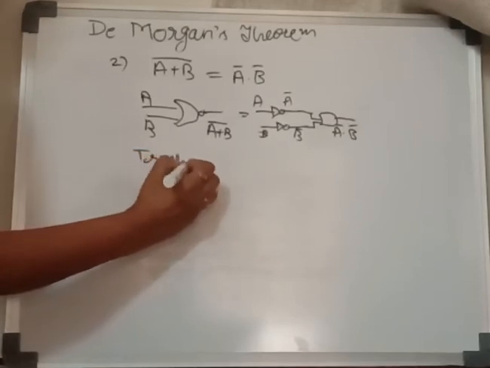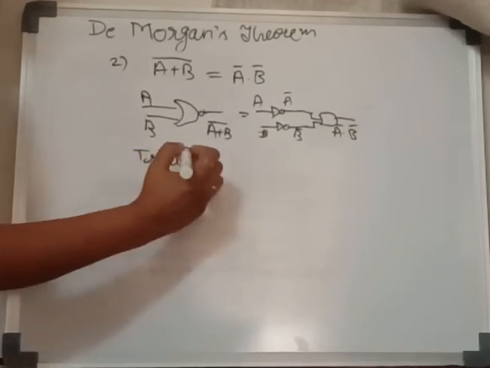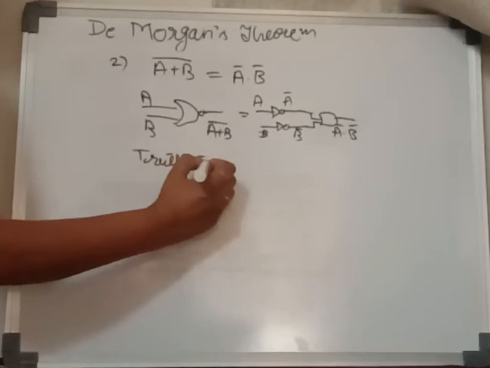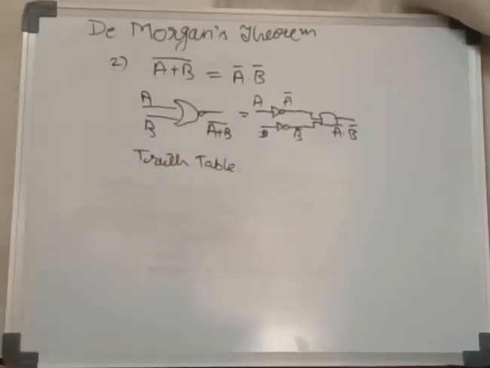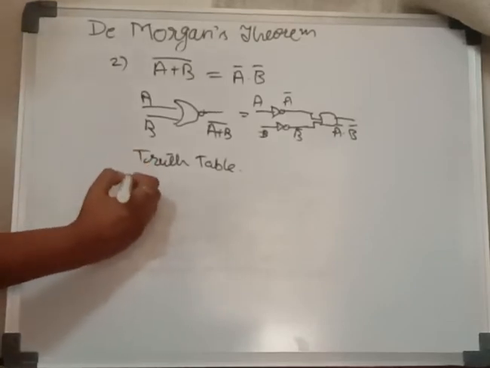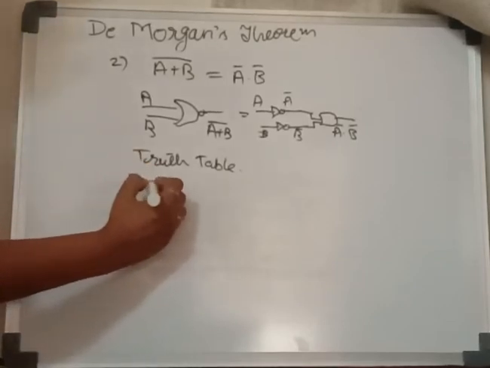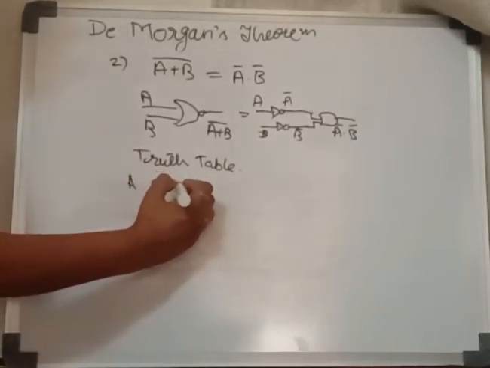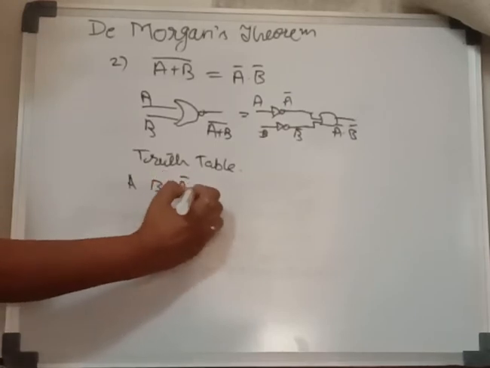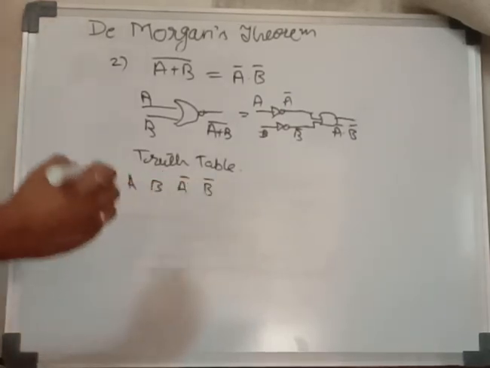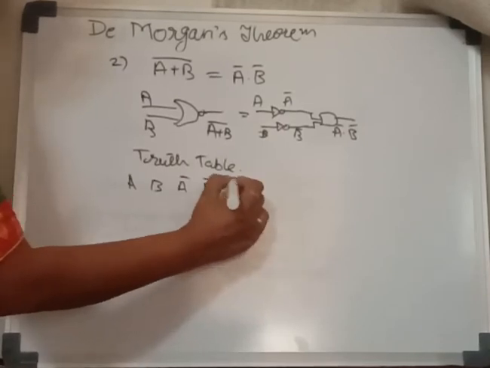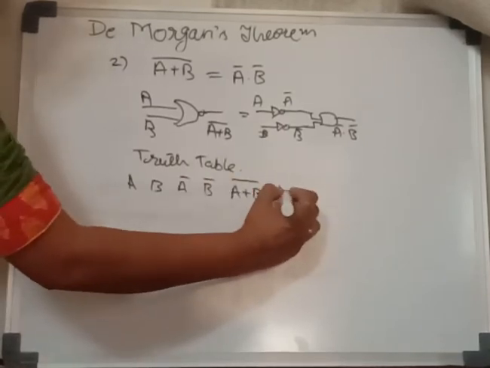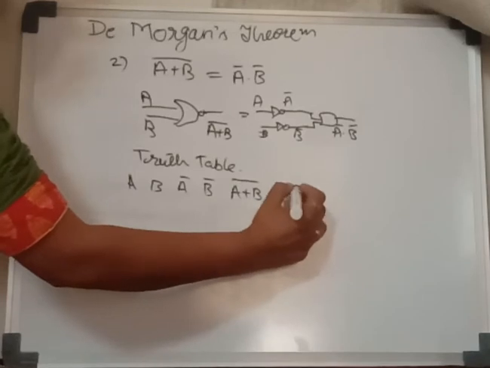Again we'll draw the truth table to verify this De Morgan's second law, and again we have A, B, then A negation, B negation, then A plus B negation, and A negation dot B negation.